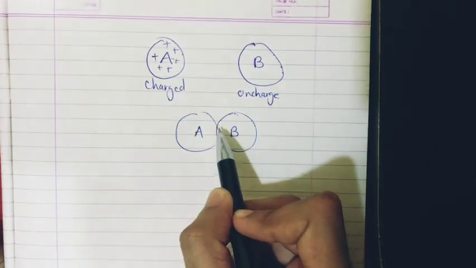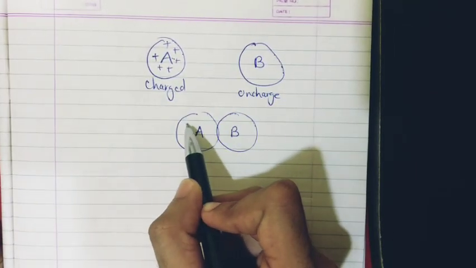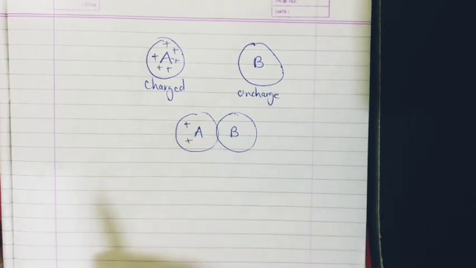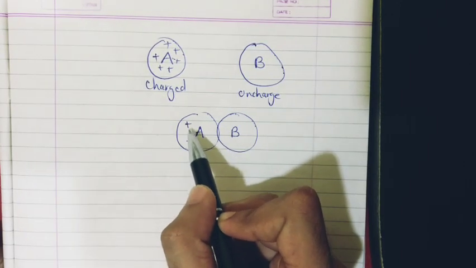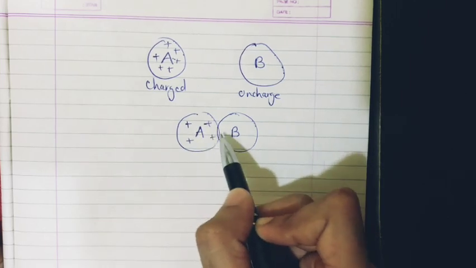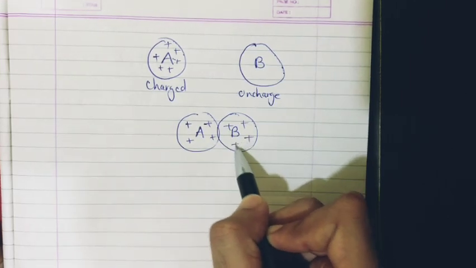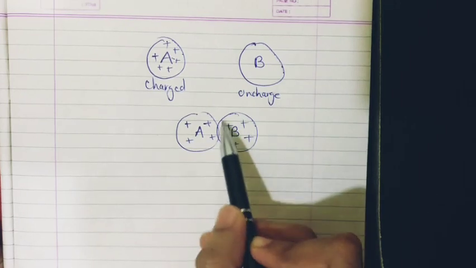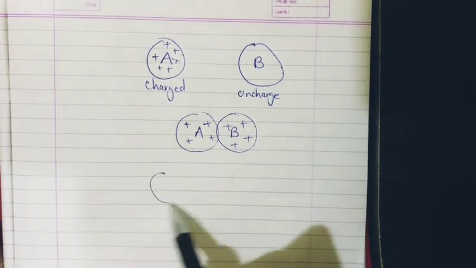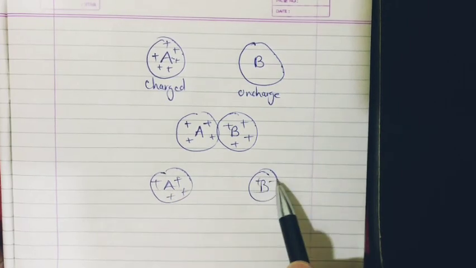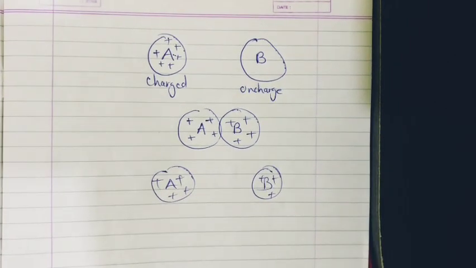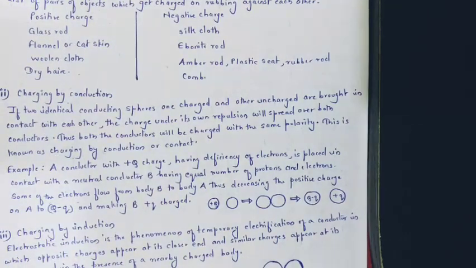Once they get more space, all these positive charges will start moving apart, because we know that like charges repel each other, correct? So they will start moving apart, one away from the other, and that is how the other body will get charged. Now if you separate the two bodies, both bodies will be positively charged. This is called charging by conduction.